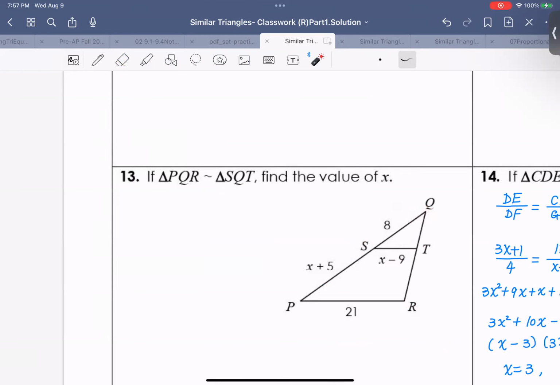But don't say 8 over x plus 5. That's wrong. I didn't say this side over this part, I say this side over this whole thing. So you need to pay attention. Write down your correct proportion equation, please. Go ahead, try your number 13.